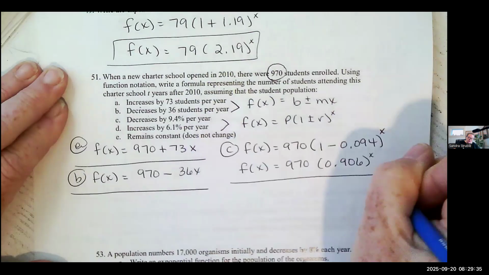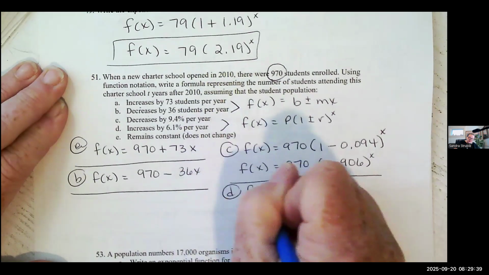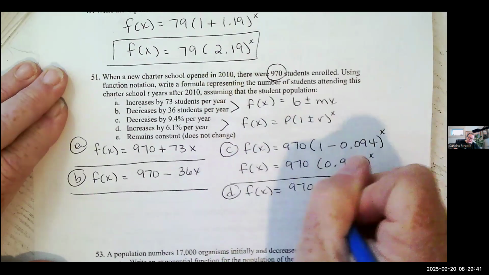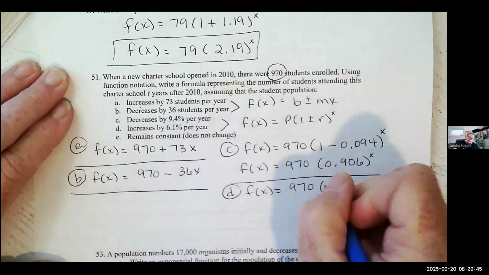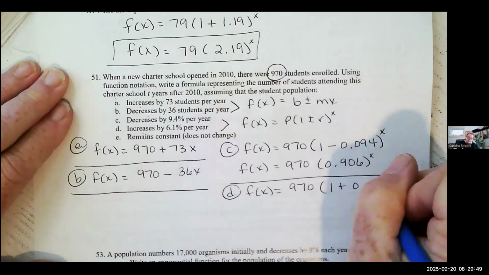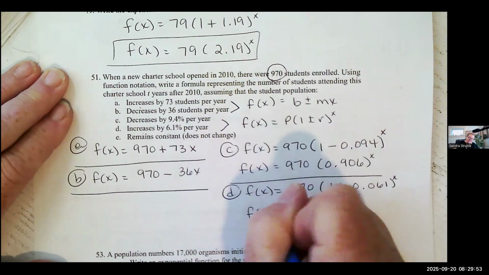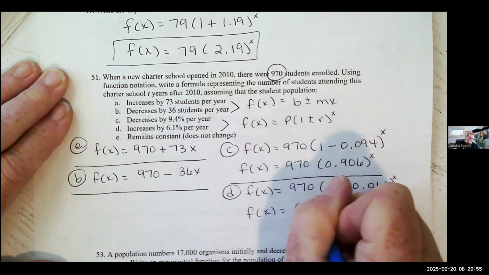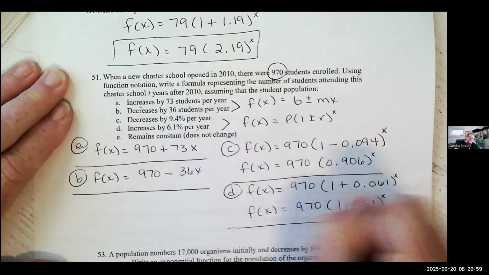There's my answer for that one. D, f of x, 970. It is increasing by 6.1%, so 1 plus 6.1 divided by 100 is 0.061 to the x. Simplify. And there's my answer for D.